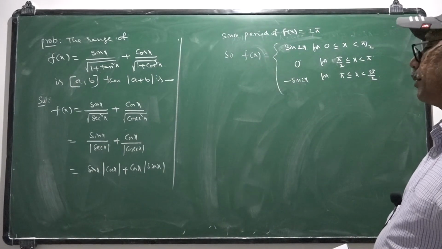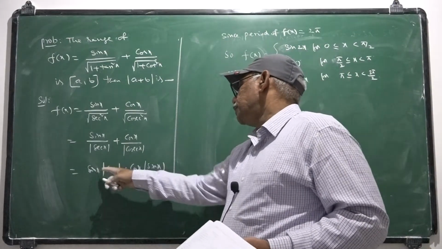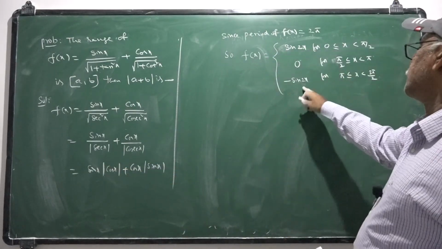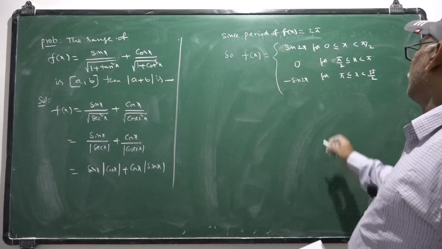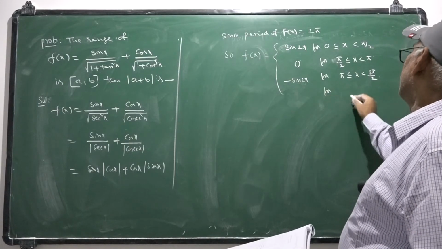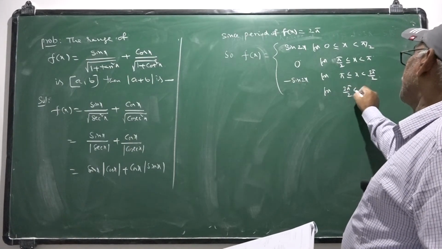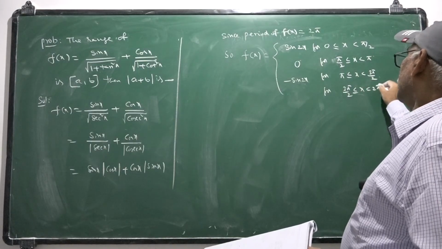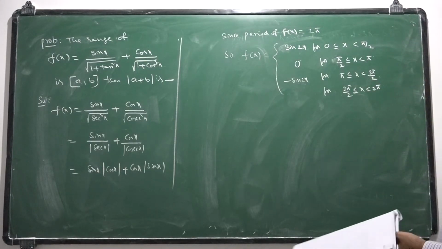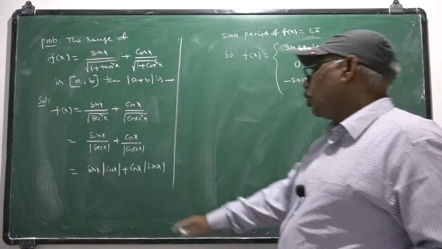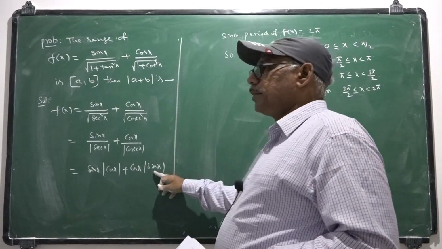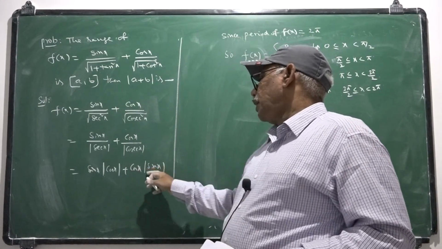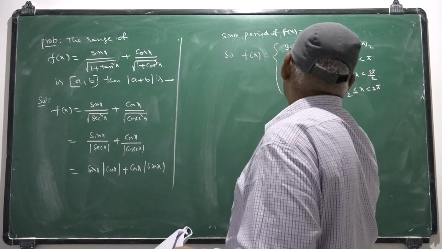Even at pi it is 0, hence this is also 0. For 3 pi by 2 to 2 pi, the fourth quadrant, cos is positive, sine is negative, mod sine is positive, hence this is 0 again.